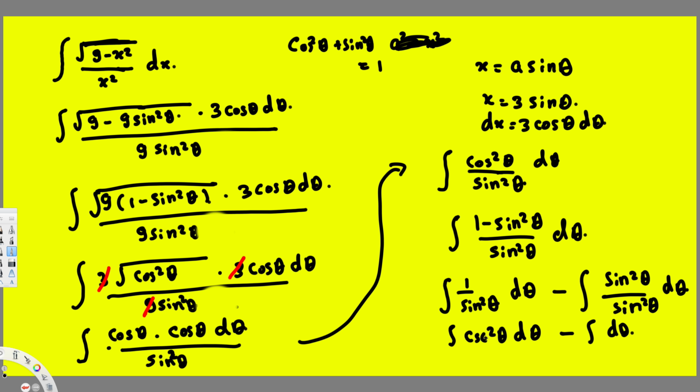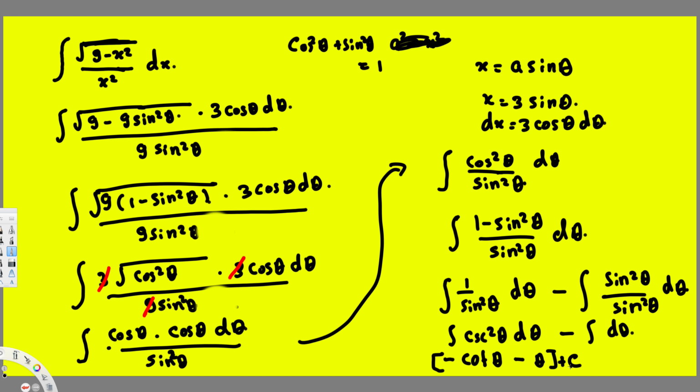So the integral of cosec square theta is going to give us minus cot theta. And the integral of d theta is just theta. And also we are going to have a constant, right?